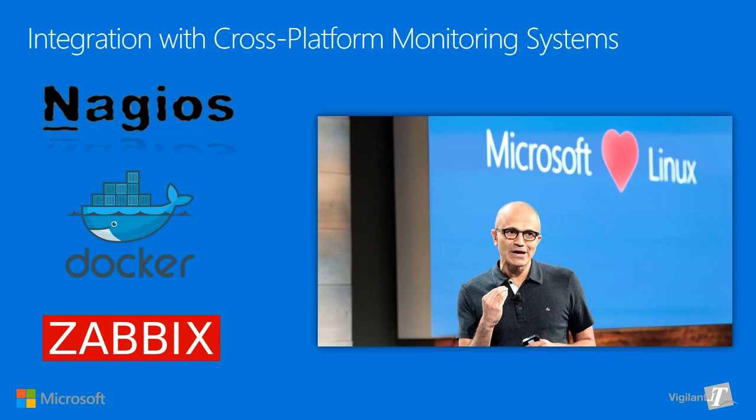OMS also offers integration with some third-party cross-platform monitoring systems, enabling alert collection for these systems for visualization, alerting, and potentially auto-remediation in OMS. Currently, OMS offers alert collection from two popular open-source systems, Nagios and Zabbix.